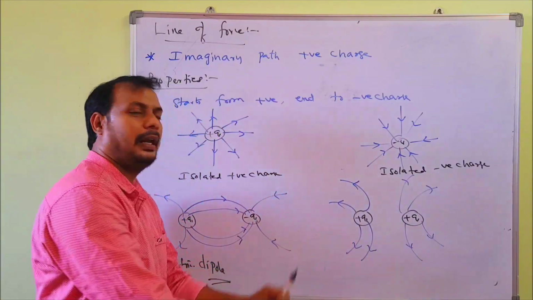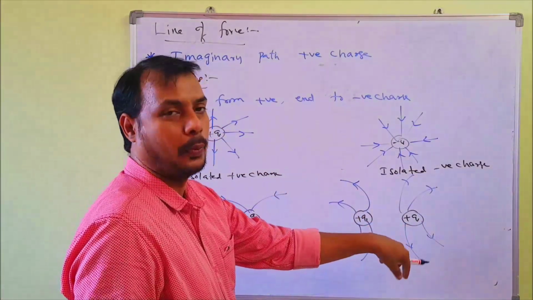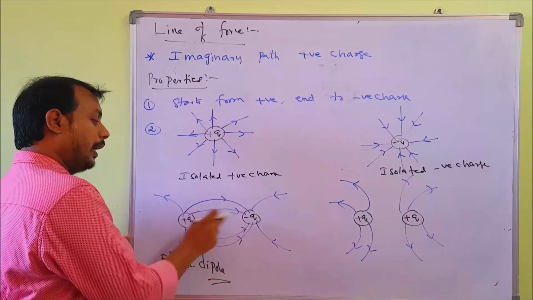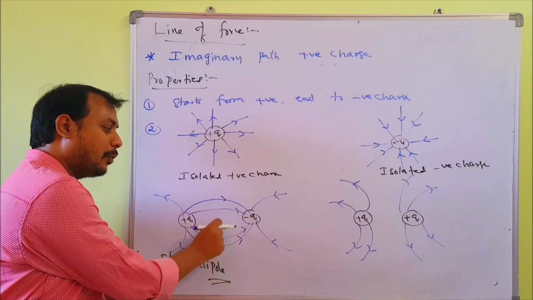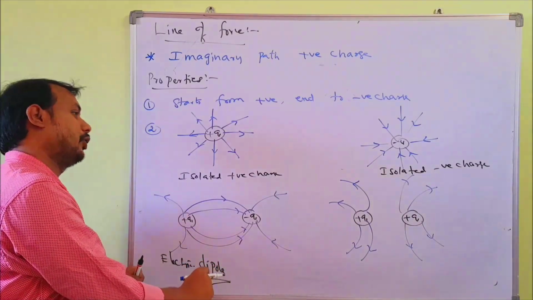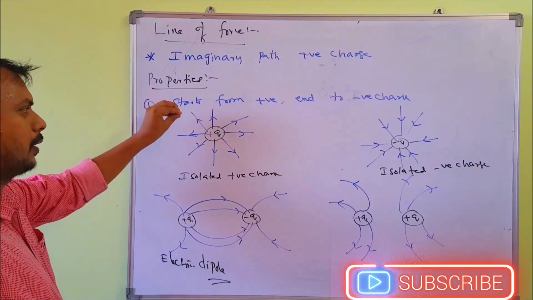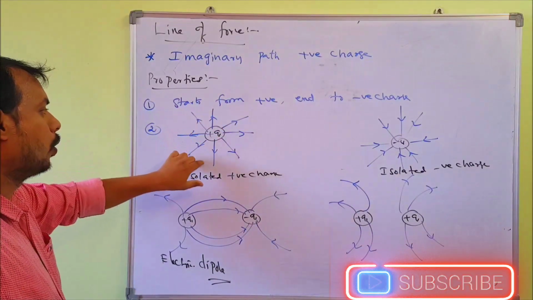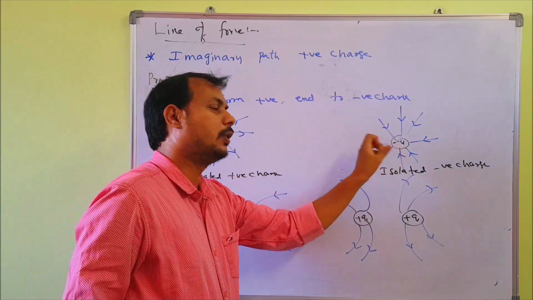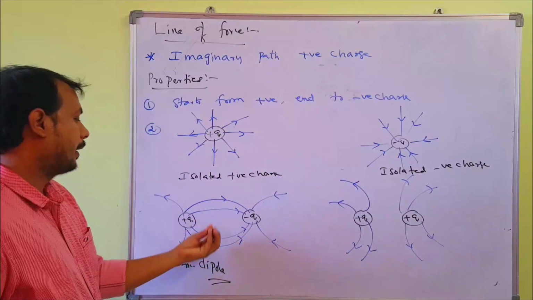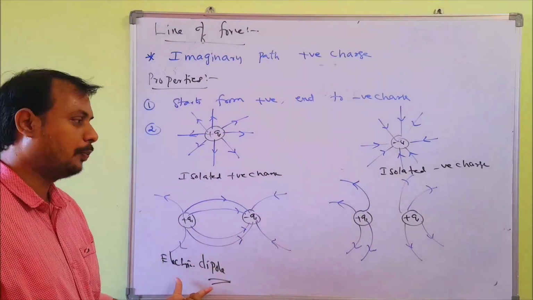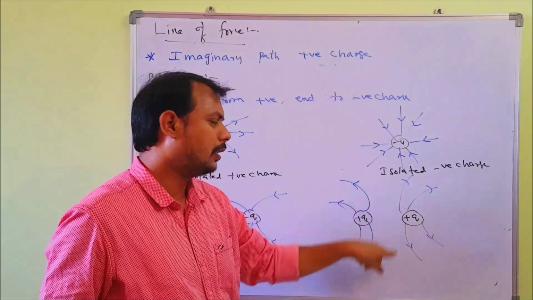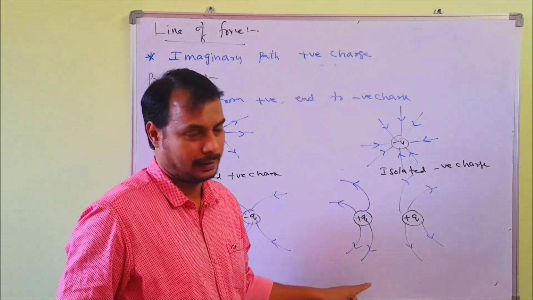So this is the electric lines of force for two positive charges separated by a certain distance, and this is for equal and opposite charges, simply the electric dipole. The first one starts from positive and goes to negative, radially outwards for positive, radially inwards for negative, and these are the lines of force for the dipole and for like charges.